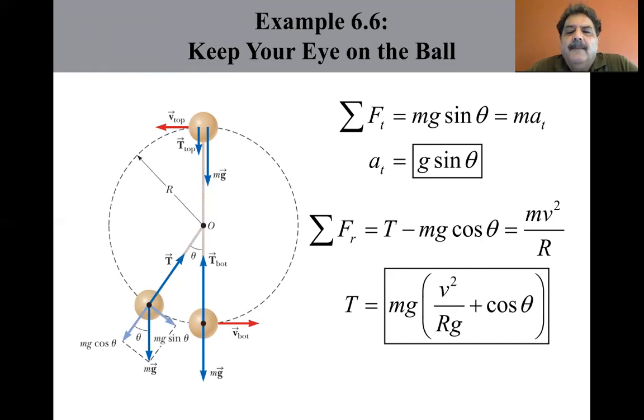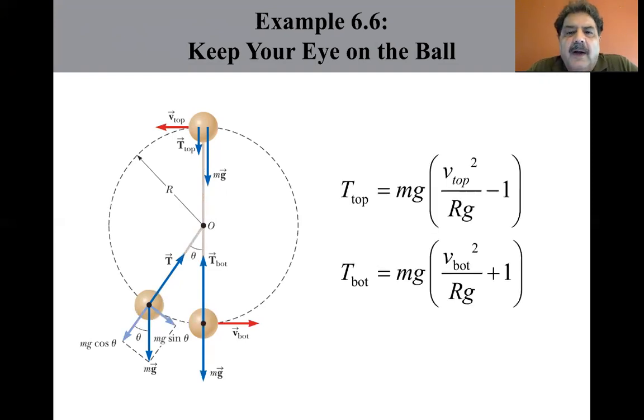Now, let's think about this. If theta is 0, which would be at the bottom of the figure, then cosine theta equals 1. If it's at the top of the circle, you've got the cosine of 180. What is the cosine of 180? It's minus 1.